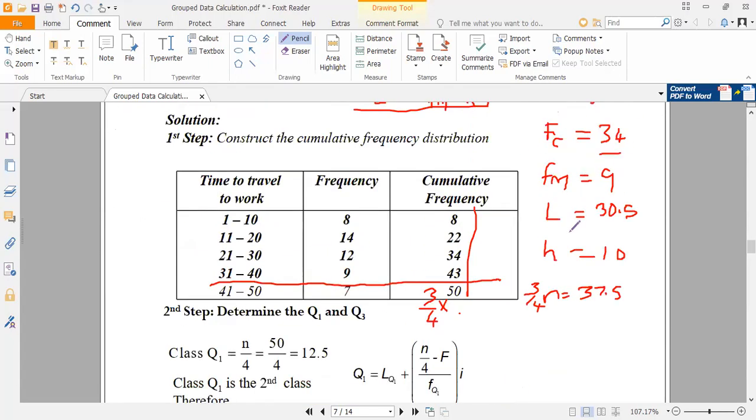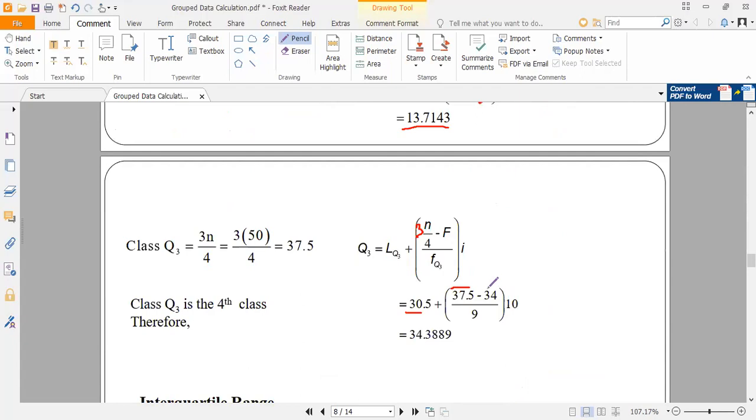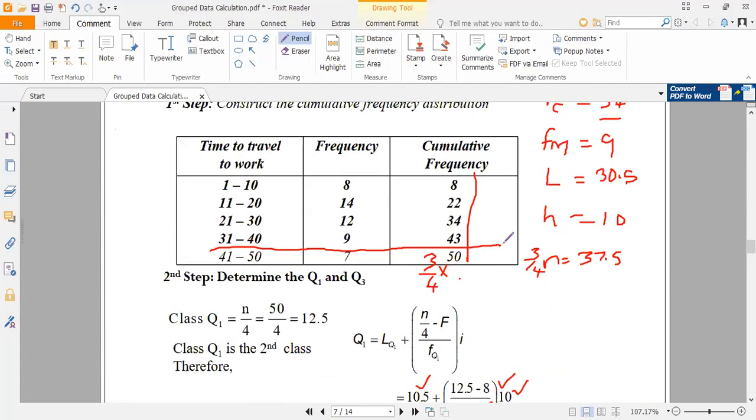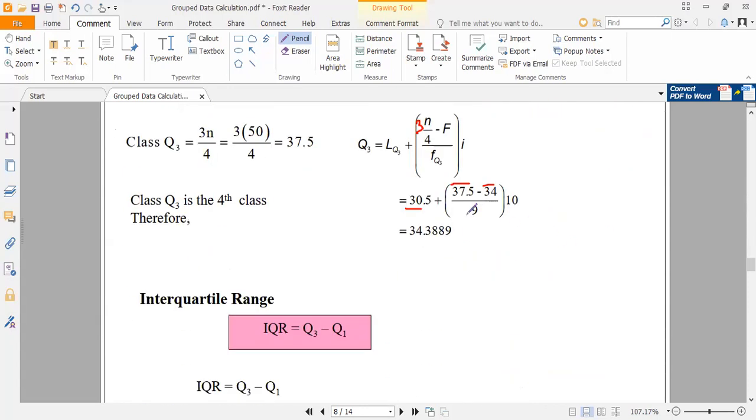FC was 34, FM was 9, and our height was 10. So please don't touch this until you rectify issues here. You do 37.5 minus 34 over 9 times 10, and you get 34.83889. So that's how we find our Q3.